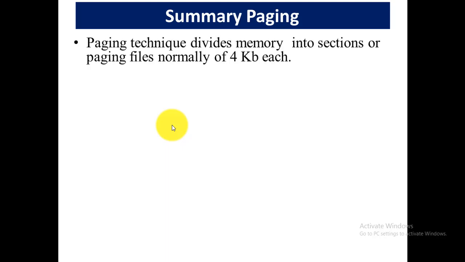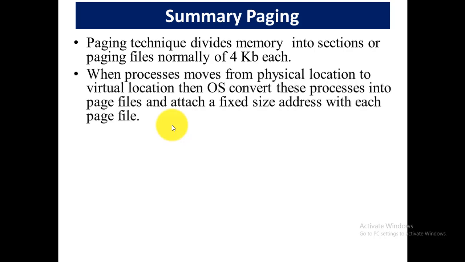The paging technique divides memory into sections or paging files, normally of 4 KB each. When processes move from physical location to virtual location, then the operating system converts these processes into page files and attaches a fixed size address with each page file that is stored in the page table.